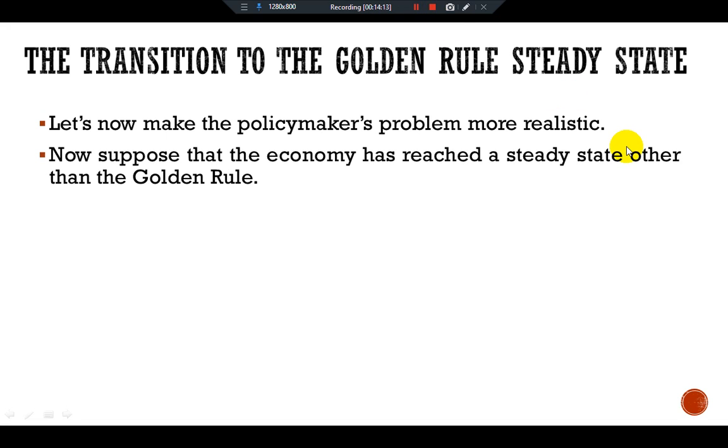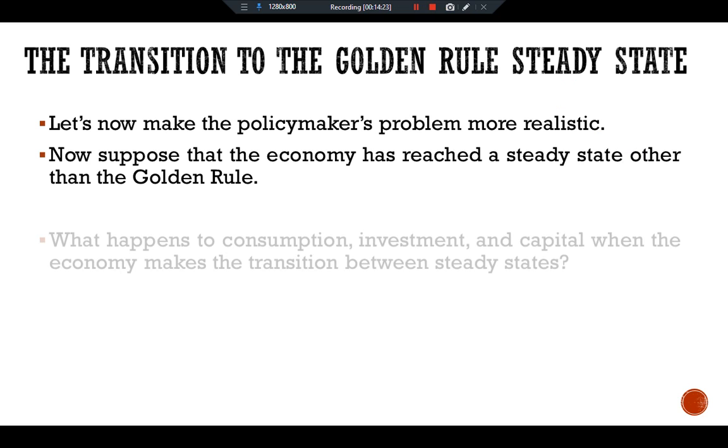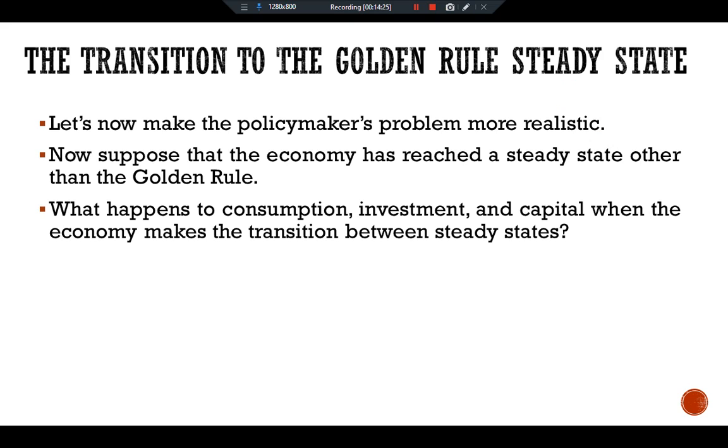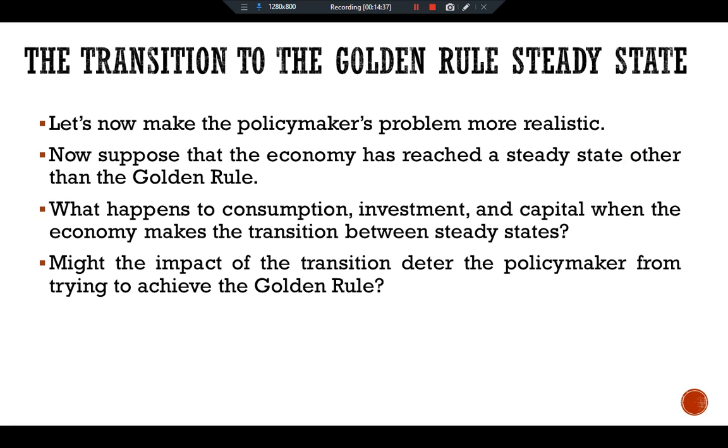Now suppose that the economy has reached a steady state other than the golden rule. The main question is what happens to consumption, investment and capital when the economy makes the transition between steady states. And might the impact of the transition deter the policymaker from trying to achieve the golden rule?